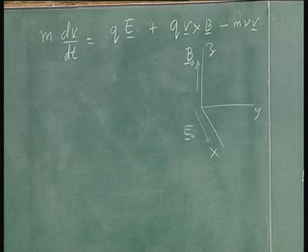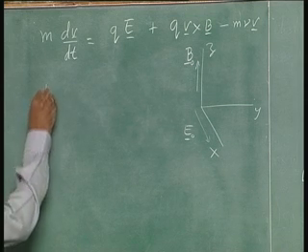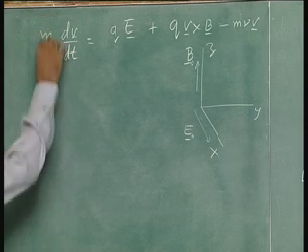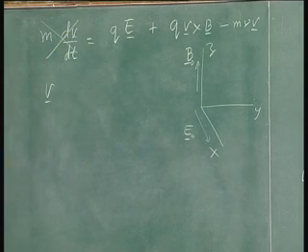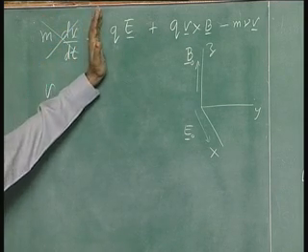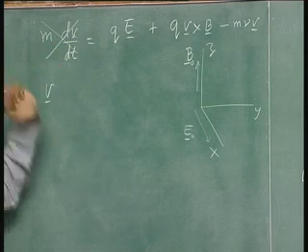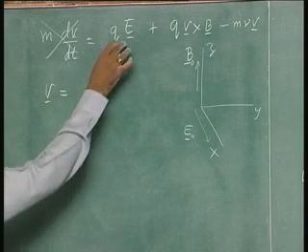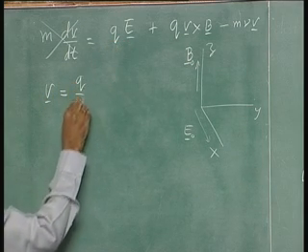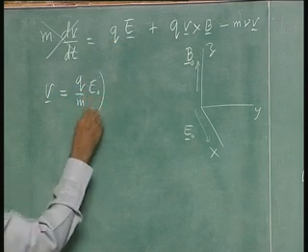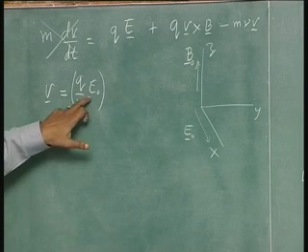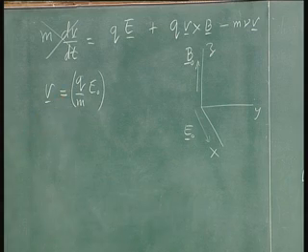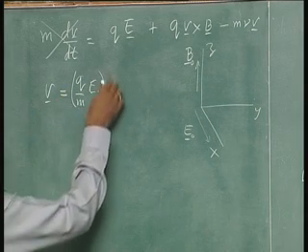When you work out the answer, under steady state conditions, where the left hand term is missing, that is dv/dt is equal to 0, the steady state solution is proportional to q over m E naught. This is the force with which the electric field is pushing the particle. But there are two components.